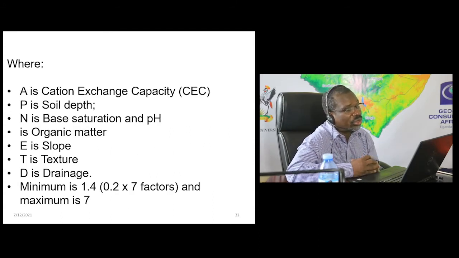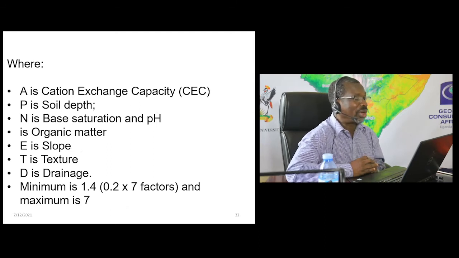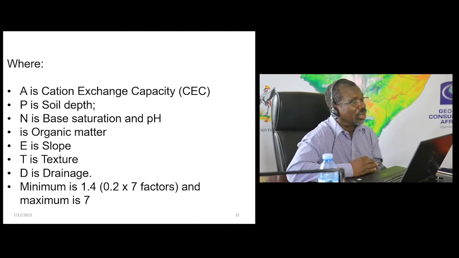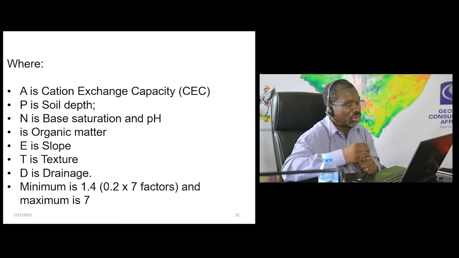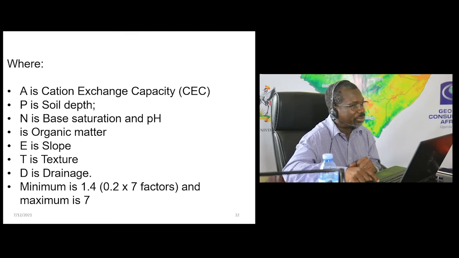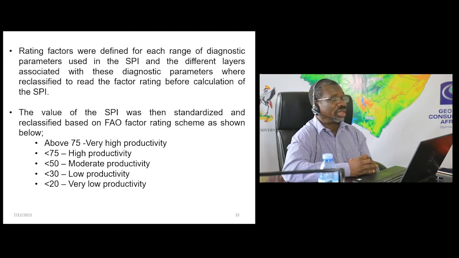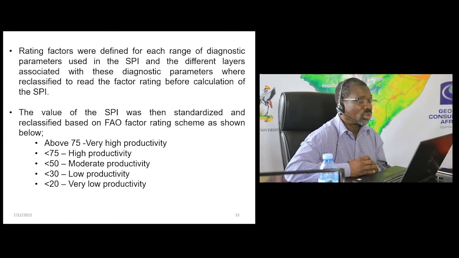So what we used for available properties were basically the cation exchange capacity, the soil depth, base saturation and pH, organic matter, slope, texture, and drainage. So we had in total 7 factors used in this estimation.